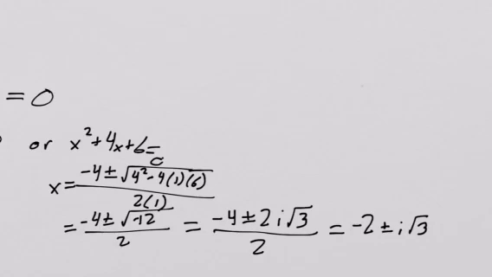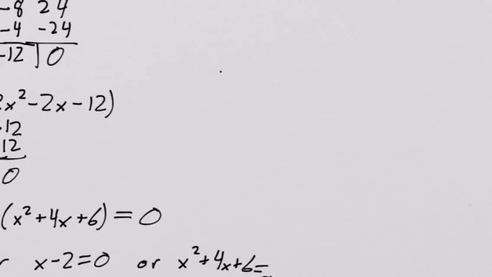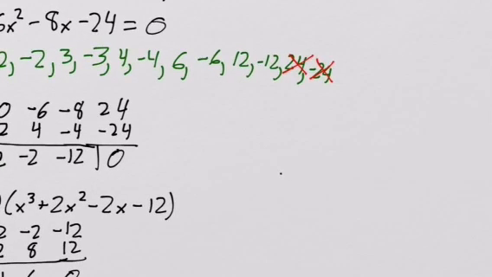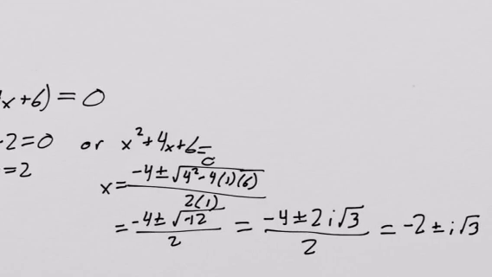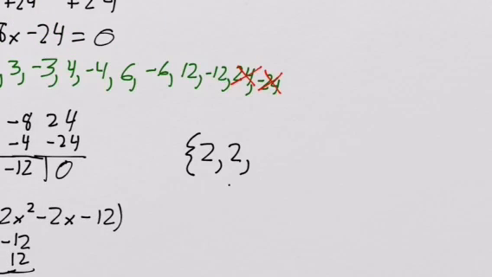So we now need to write our zeros of this polynomial. We end up getting that they are the set 2, 2, negative 2 plus i root 3 and negative 2 minus i root 3.